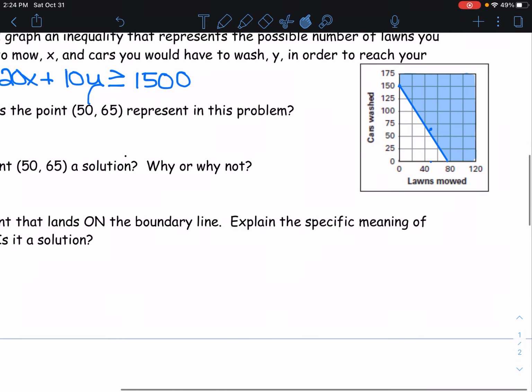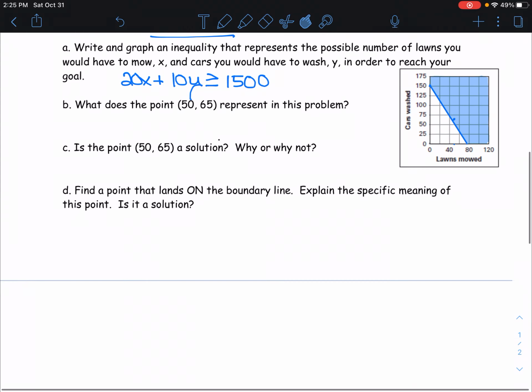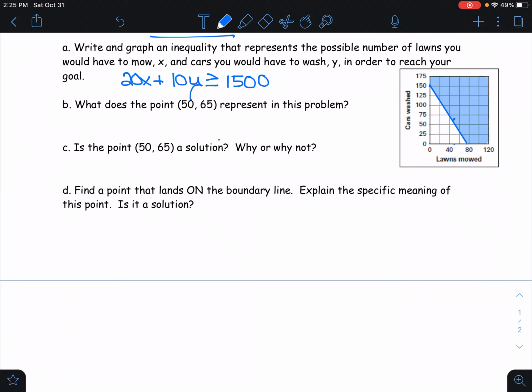So what you want to do when it's a little too close is you want to try and plug in. So we're going to go 20 times 50 plus 10 times 65. And we're going to see if that works, okay, if it's a true statement.